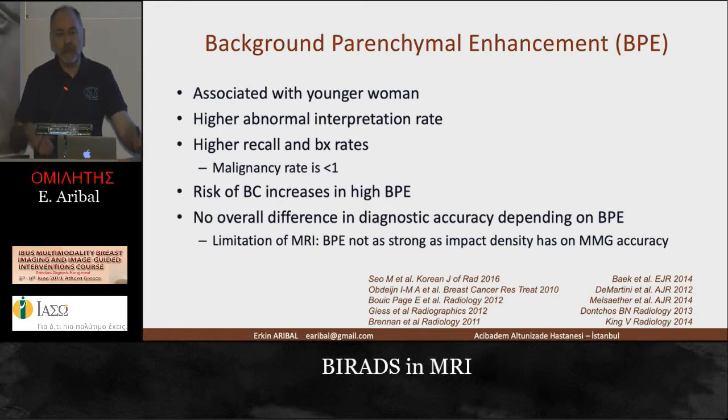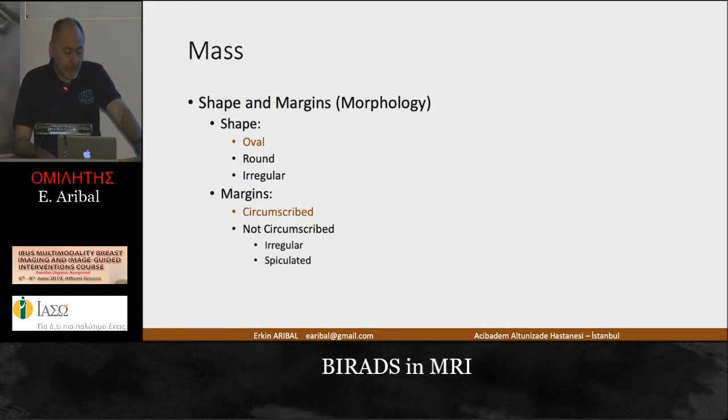When there is a high background parenchymal enhancement, you can also detect the cancer in this parenchyma. So the limitation of MRI is background parenchymal enhancement, but it doesn't have as strong an impact as density on mammogram.